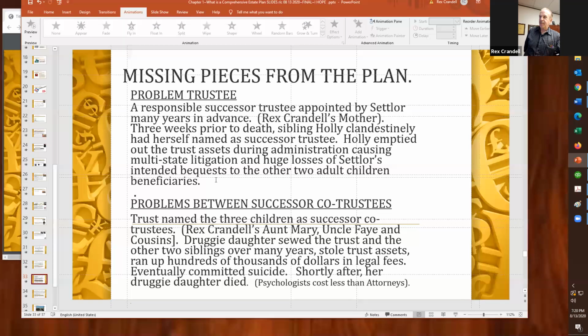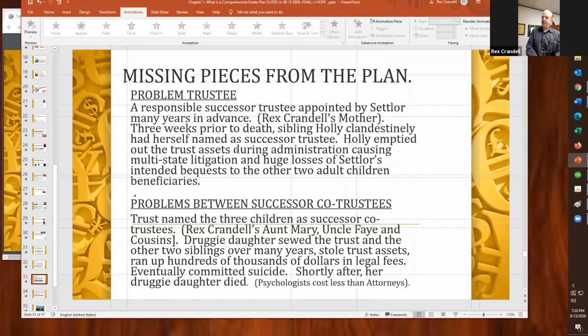Yeah, this problem happened in my family. My mother's trust, she had a neutral family member being a trustee for years and years because of the neutral and level-headedness. And then my little sister, Holly, 3 weeks before my mom died, got to be put on as trustee, and didn't tell anybody.